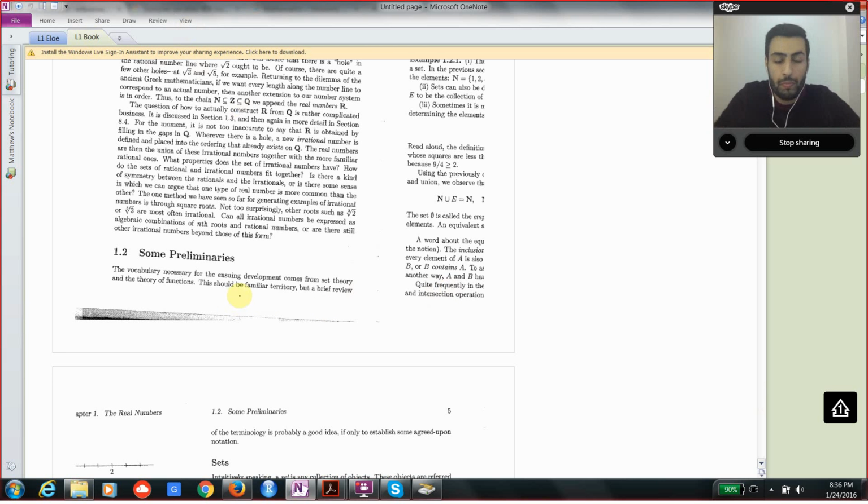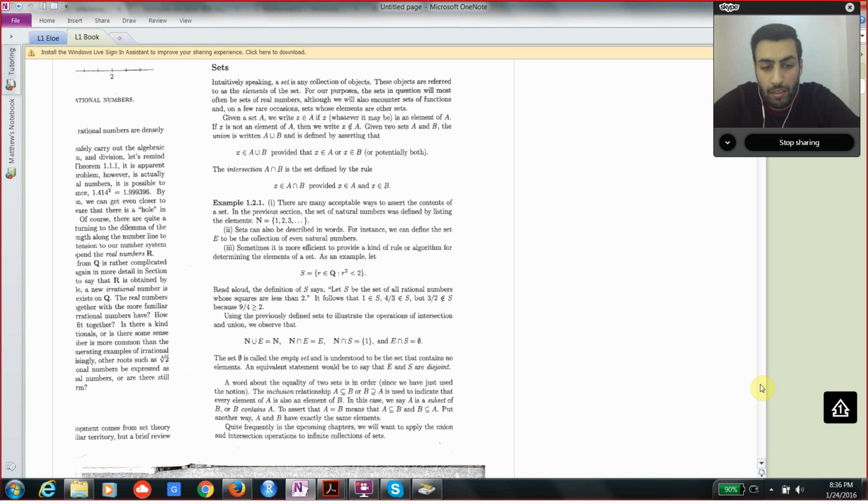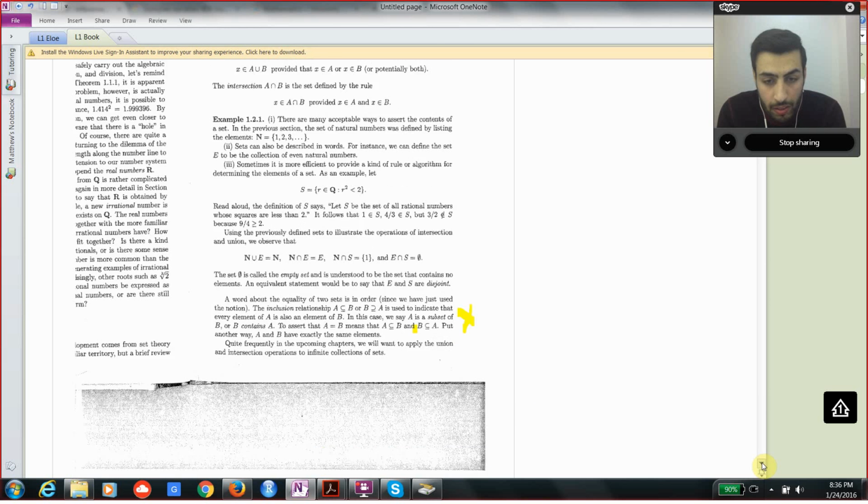Okay, so he's starting off, he's talking about sets, okay? The empty set. Here he's talking about what it means to be a subset. So here he's talking about the definition of subset. This is important. But you know what that means.